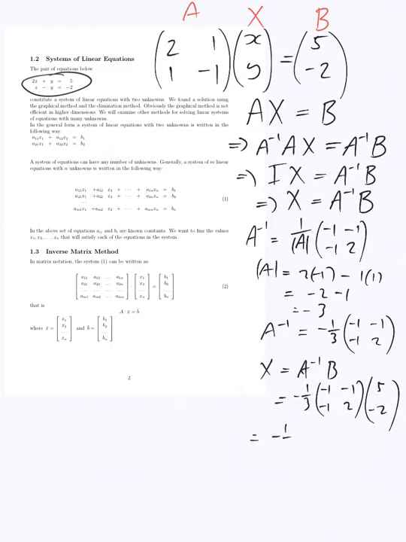So that's equal to minus 1/3 times minus 5 plus 2 and minus 5 minus 4, is equal to minus 1/3 times minus 3 and minus 9, which is equal to 1 and 3.